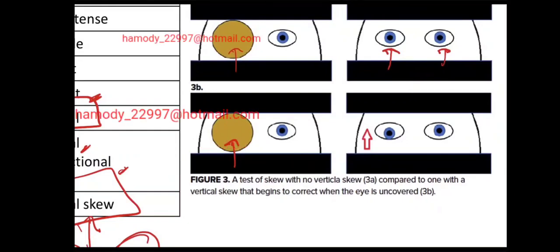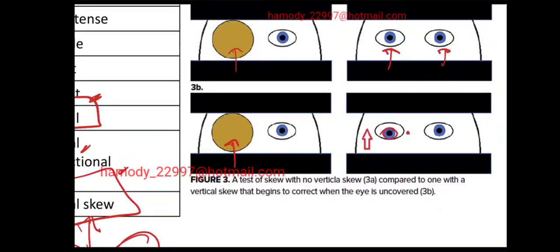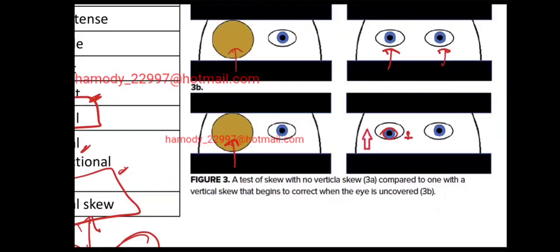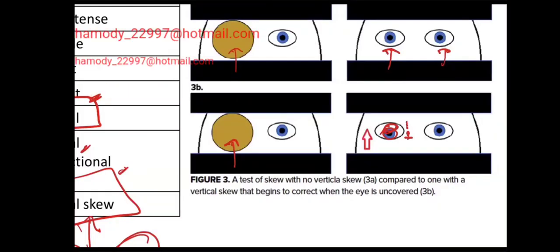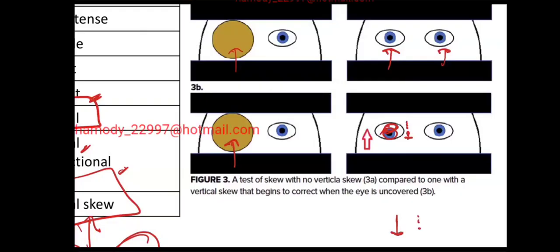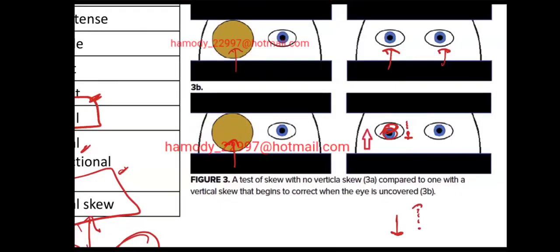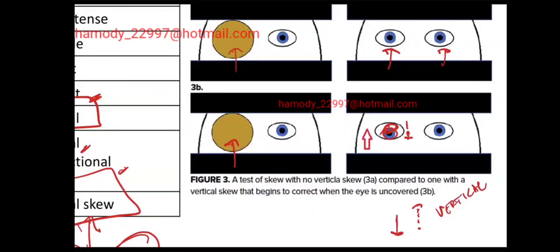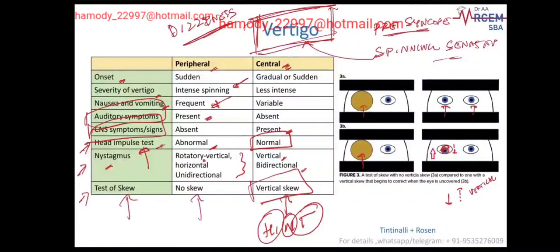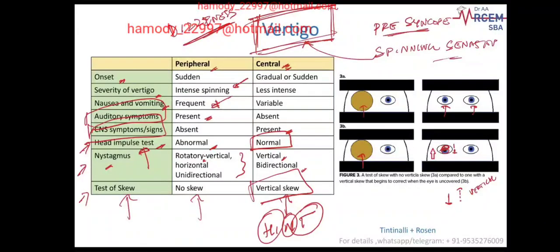When you remove the cover, one of the pupils is on the lower side, specifically the one which was covered. And slowly it goes back to the normal position. Slowly from down, it is going upwards into the normal position. That's why it is known as vertical skew, highly suggestive of a central cause. What is head impulse? I'll be explaining when I'm talking about vestibular neuritis.